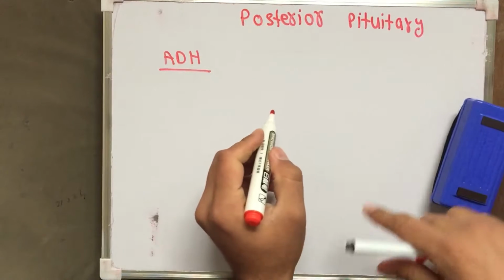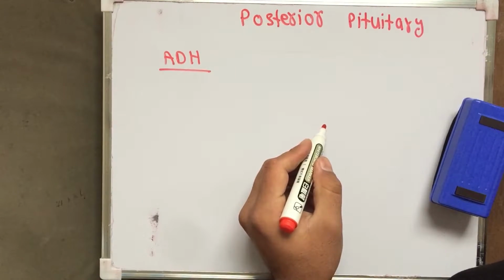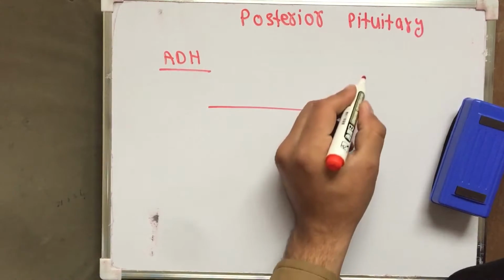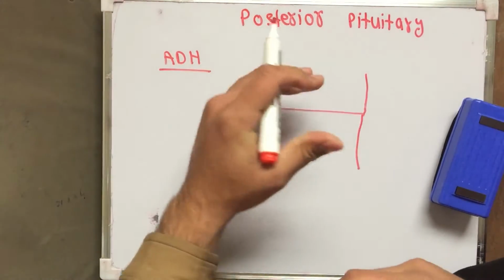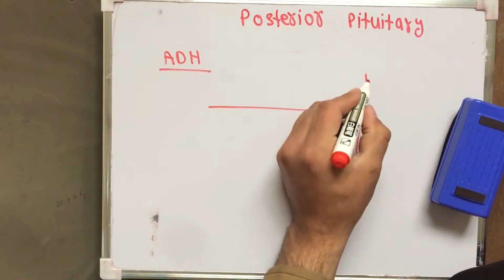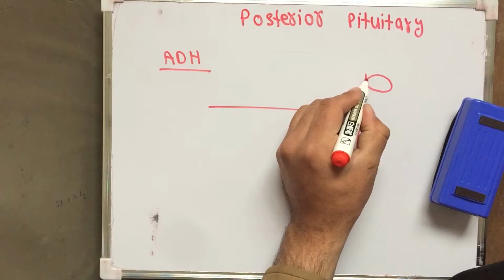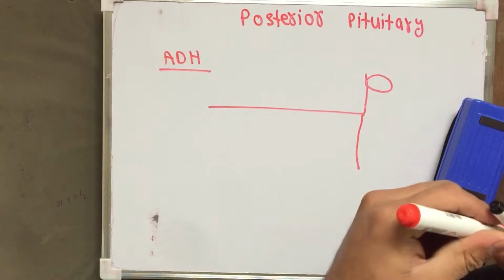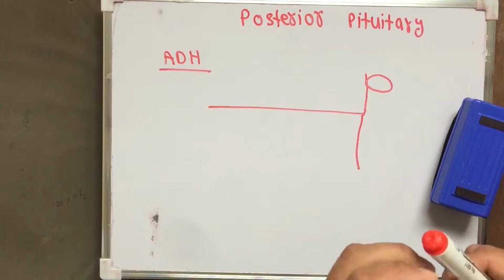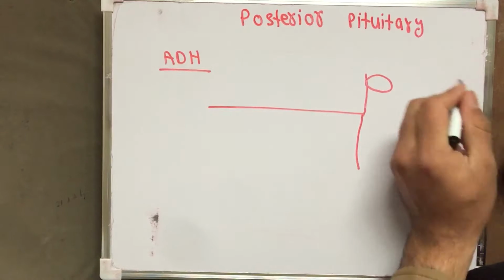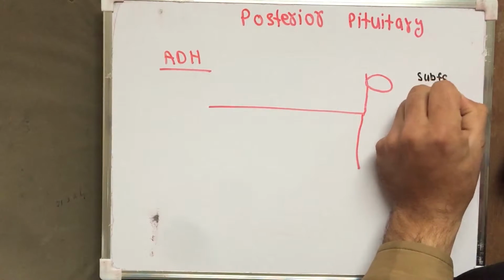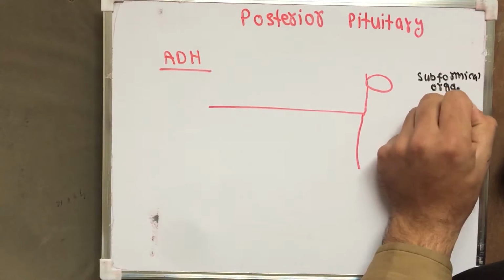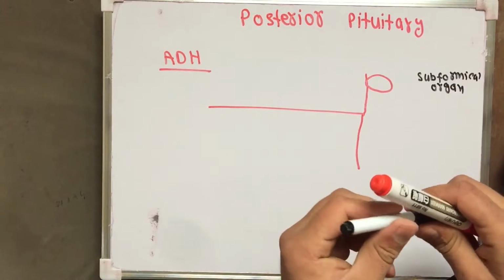This is the hypothalamus. First of all, we have to draw the hypothalamus. This is the third ventricle. Here we have a structure which is called the subfornical organ.